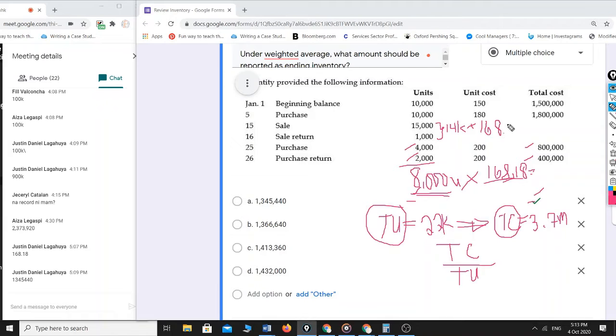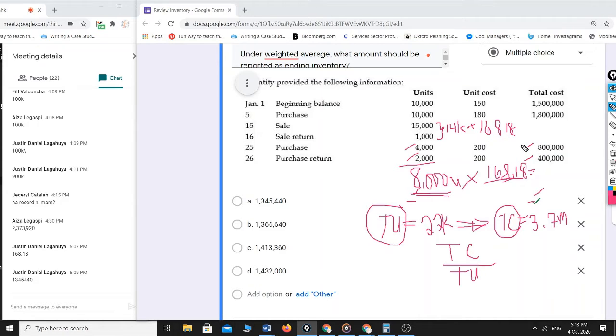So therefore, ang atong cost of goods sold is 2,354,520. So if we are about to compare the two, for me, much easier ang weighted average for periodic system.